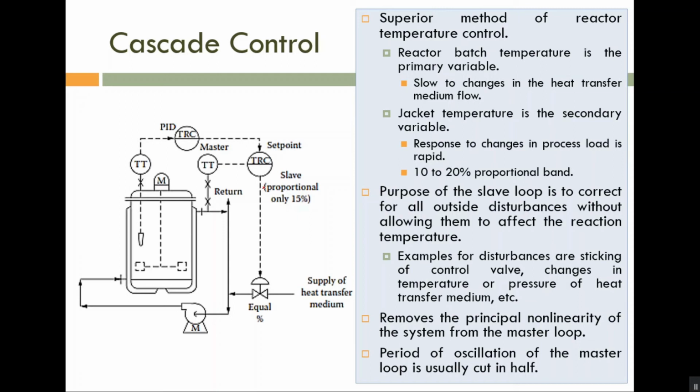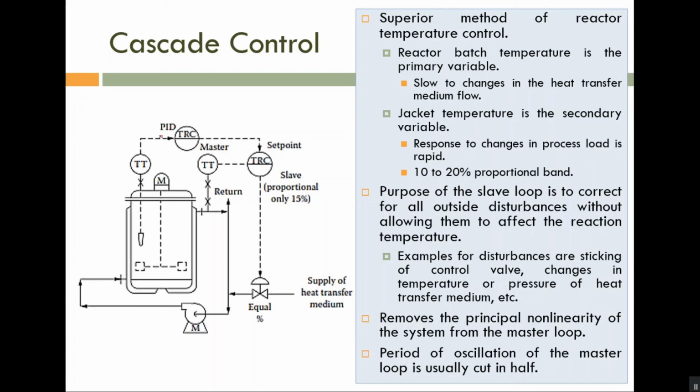Okay, so we can continue the discussion about cascade controller. Here you can see that multiple loops are used, multiple measurements are there, means we are using a cascade controller. What is cascade controller? Cascade controller is the combination of primary loop.